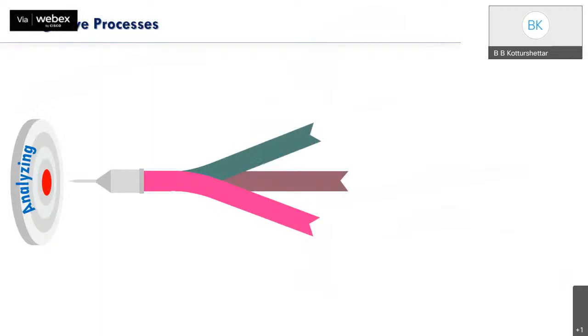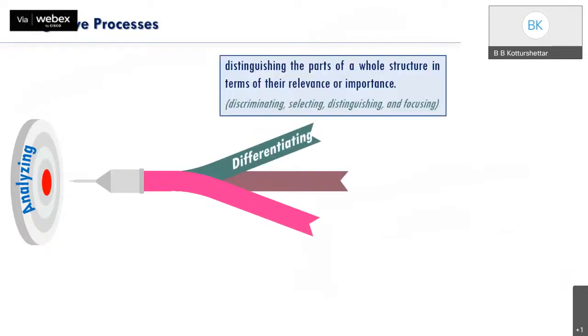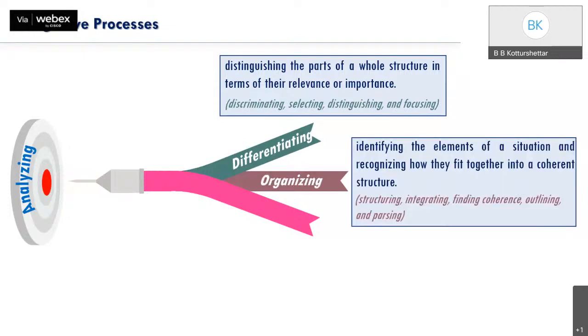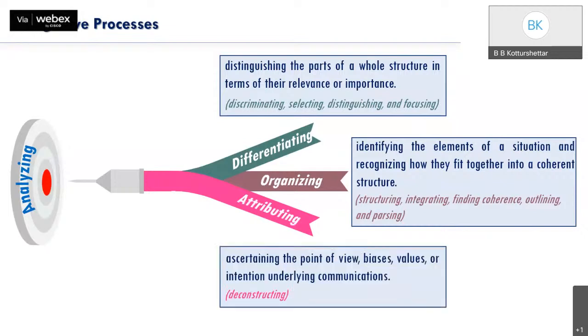So this involves three cognitive processes. Differentiating is distinguishing the parts of a whole structure in terms of their relevance; alternate terms are discriminating, selecting, distinguishing, and focusing. In organizing, it is identifying the elements of a situation; terms are structuring, integrating, finding coherence, outlining, or parsing.